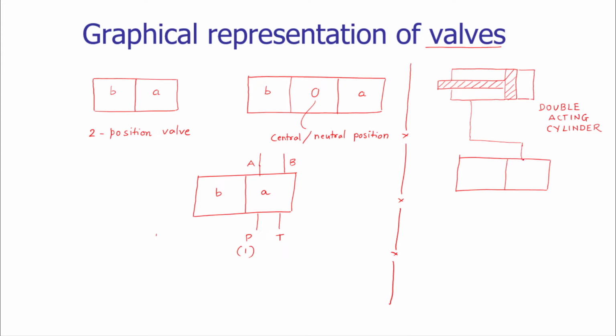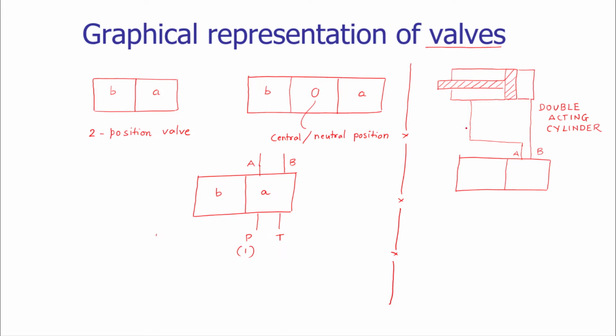The valve should have an application port A, which is connected to the rod side. So let us draw this as port A, connected to the rod side. And we have another purpose, that is the discharge of the pressurized fluid at the top of the piston, which has to be taken out to the tank. For that purpose we need another port. This is the port B.